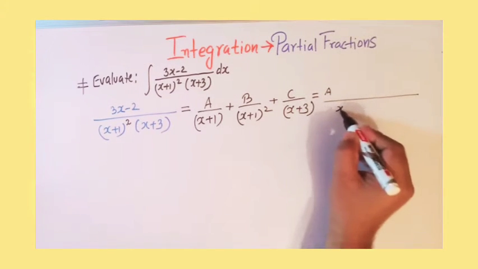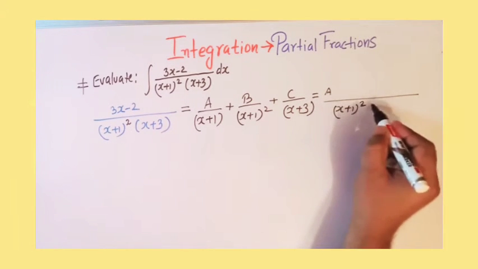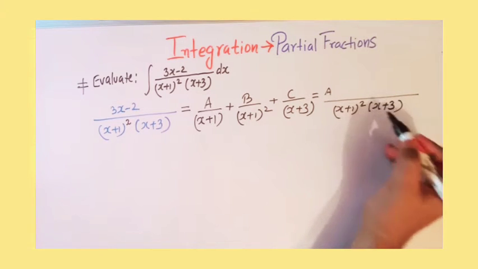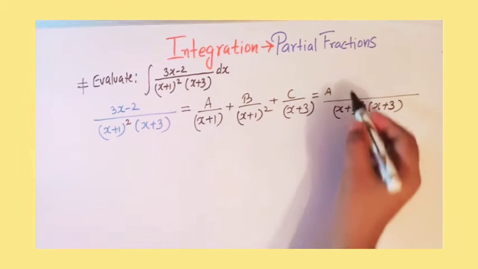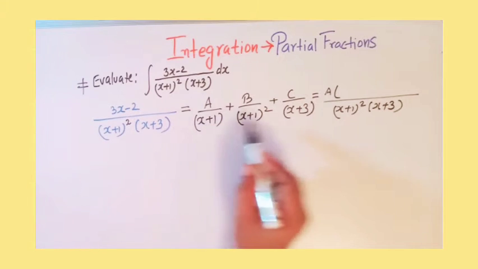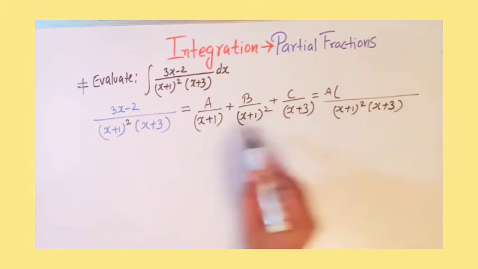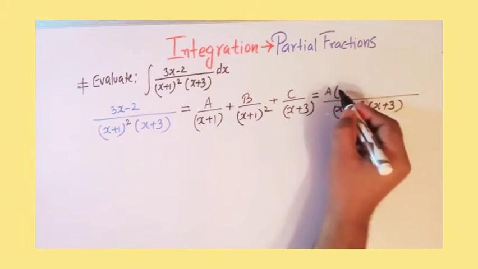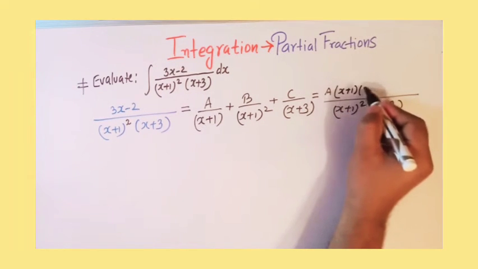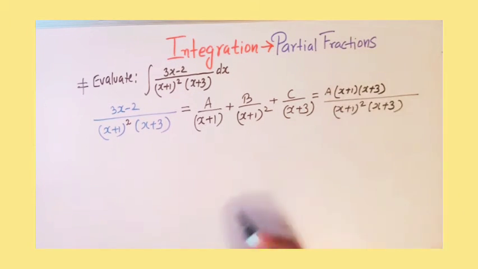Now we take the LCM. Here we have x plus 1 square and x plus 3, and now we have x plus 1 divided by x plus 1 square, x plus 3 is divided by x plus 1, so here we have a times x plus 1, x plus 3, right?